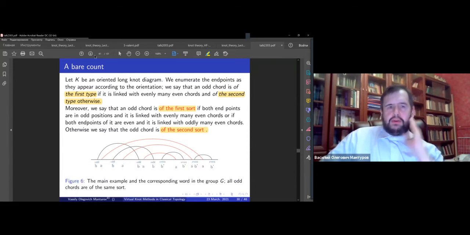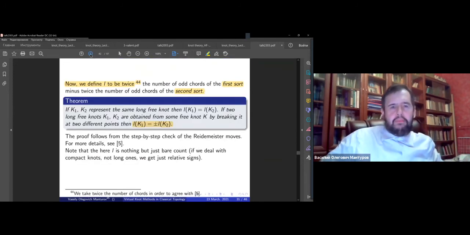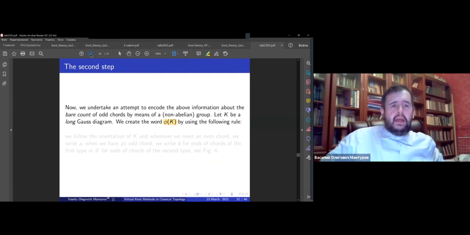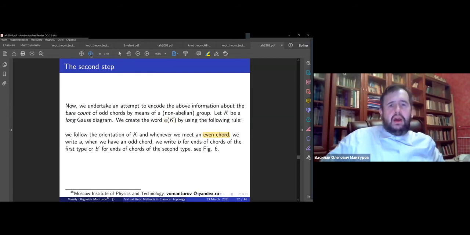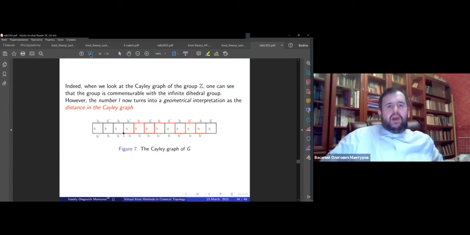Now I want to understand the rules of the game. What happens if I apply Reidemeister moves? I think I see that something very non-commutative happens. And here is the first instance of the Cayley graph. In this Cayley graph, of course, my generators are all involutions.